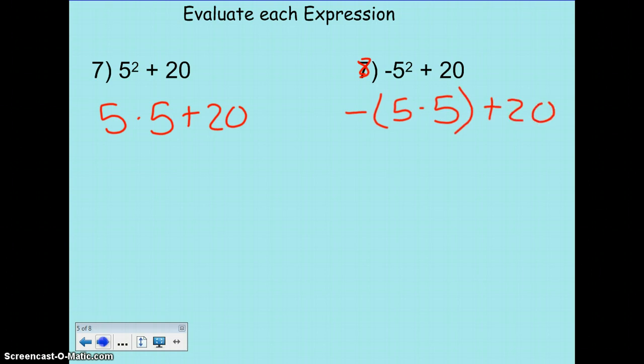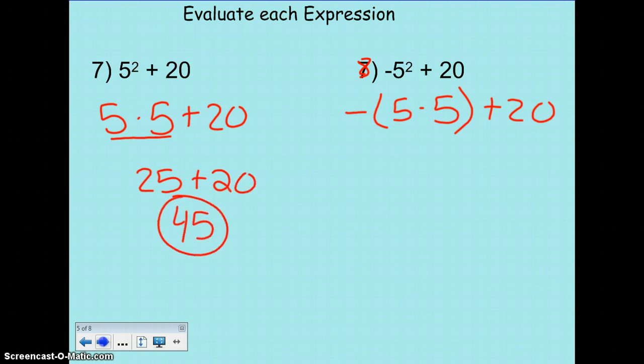So on number 7, we can go ahead and simplify 5 times 5, that's 25, plus 20, and that will get us to 45. For number 8, we have the opposite of 5 times 5, which is negative 25, plus 20. When I simplify those, I end up with an answer of negative 5.